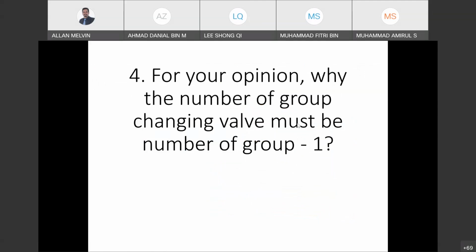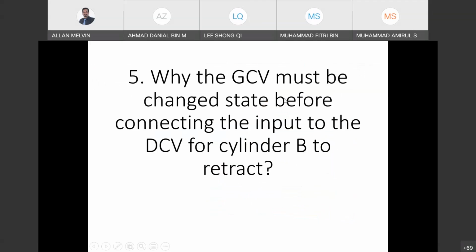Okay, so number 5. Why the group changing valve must be changed state before connecting the input to the DCV for cylinder B to retract. Okay, so yang ni I think example lah, example yang tadi.